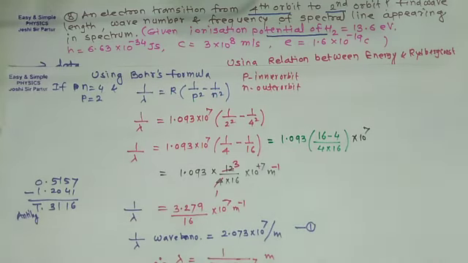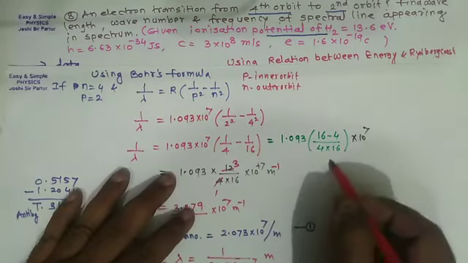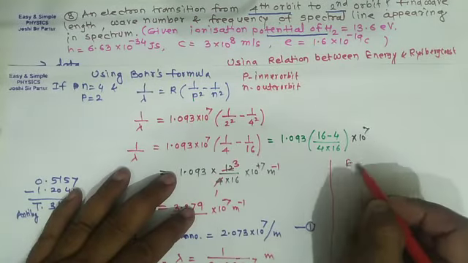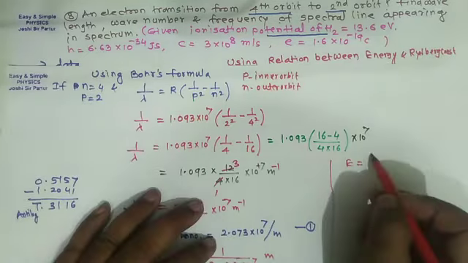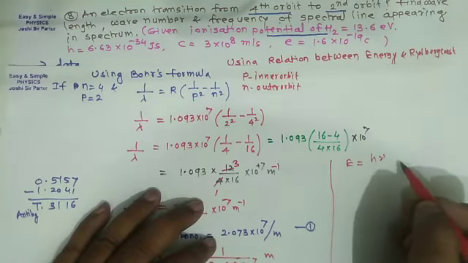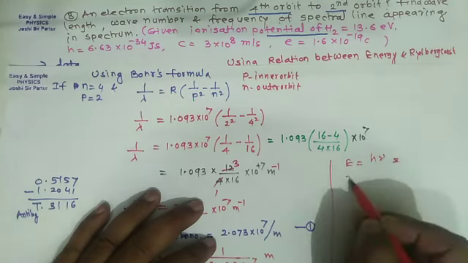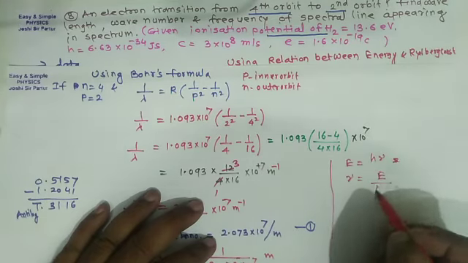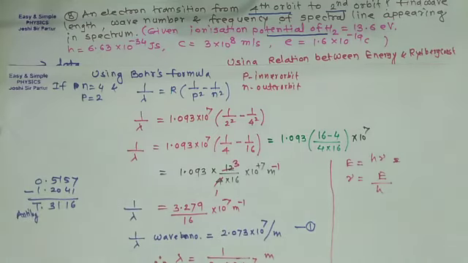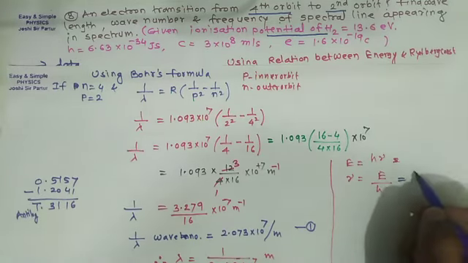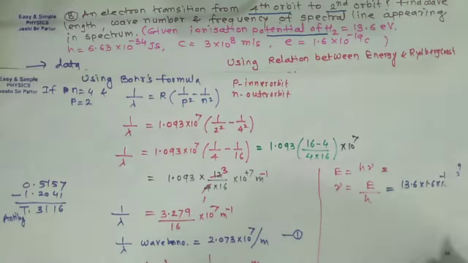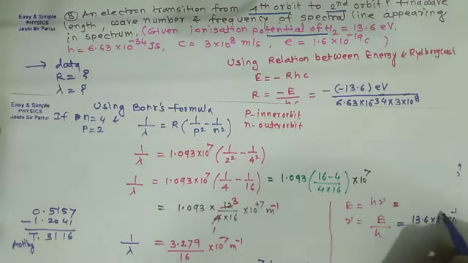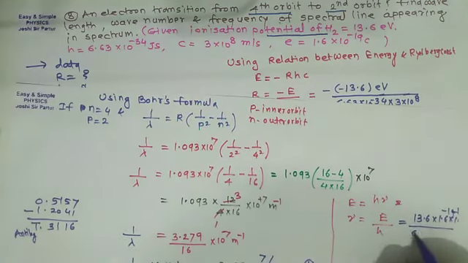But here we can find the frequency. We know that Planck's quantum theory gives E equal to h nu. So nu equal to E upon h. Here we know the value of energy, that is 13.6 into 1.6 into 10 raised to minus 19 upon 6.63 into 10 raised to minus 34.